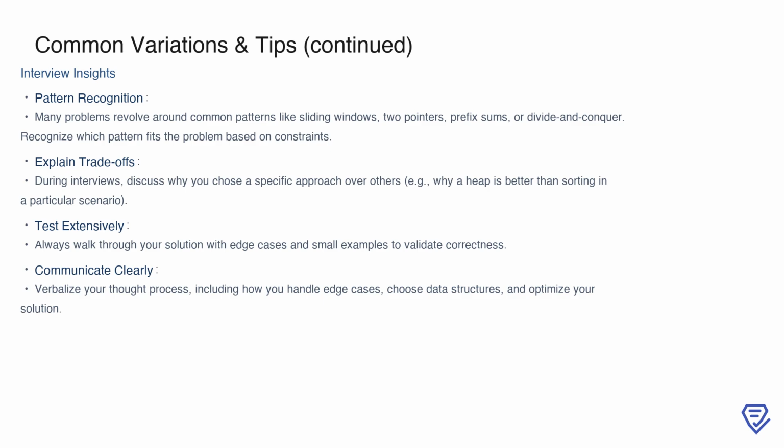Testing your solution extensively is another critical step. Walk through edge cases and small examples to ensure your solution is robust. Finally, clear communication is vital. Articulate your thought process, including how you handle edge cases, select data structures, and optimize your solution. This demonstrates not only your problem-solving skills but also your ability to collaborate effectively.